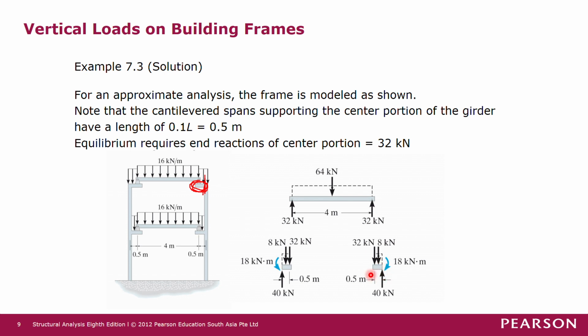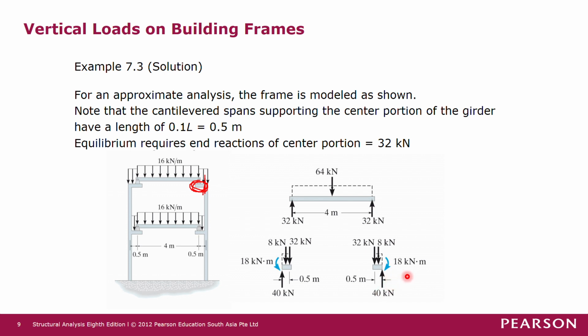So we get a resultant force in kilonewton here from the uniform force of 16 kilonewton per meter length multiplied by 0.5 meters. And the distance of this resultant force to the support here is 0.25 meters. Initially this is an unknown force or unknown reaction.